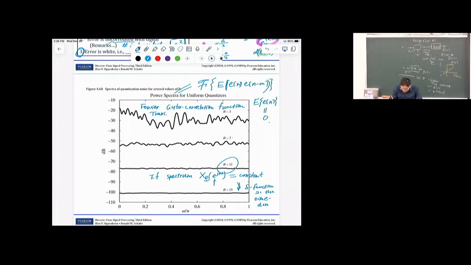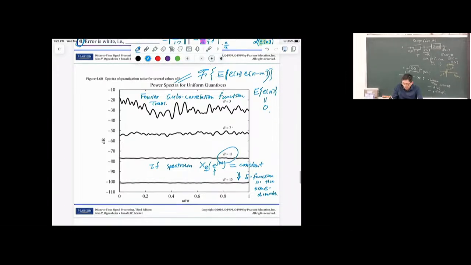This is important. In the time domain, the autocorrelation function is the delta function, basically maybe scaled by a factor.